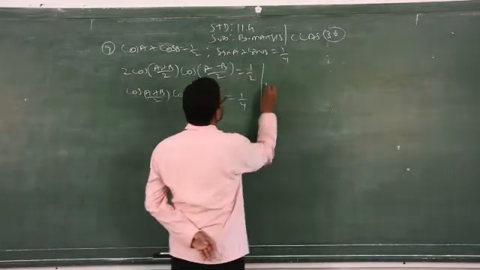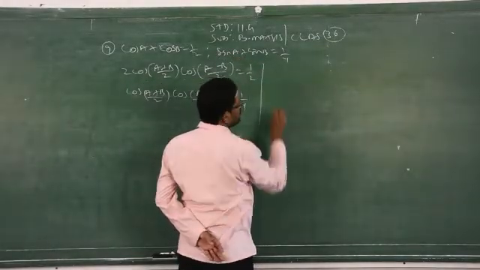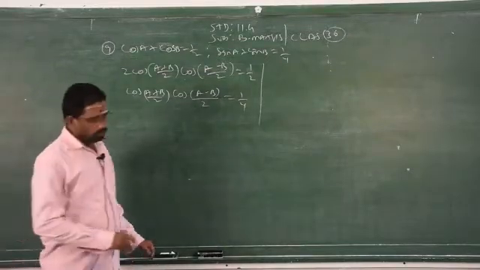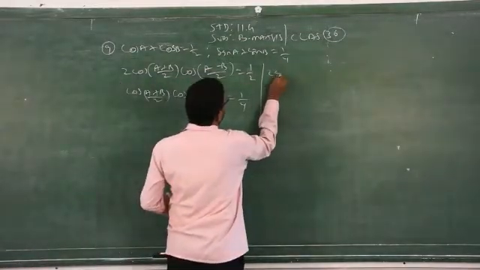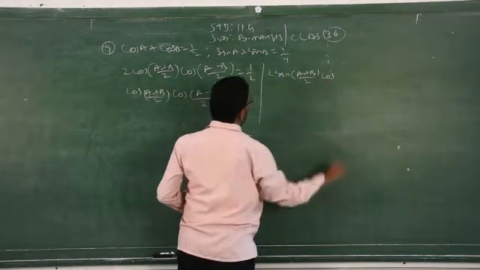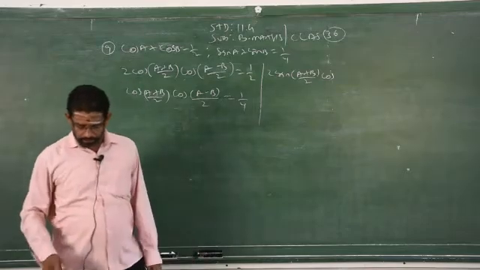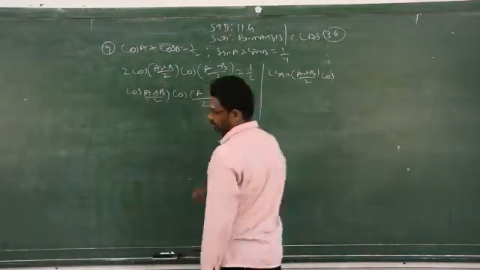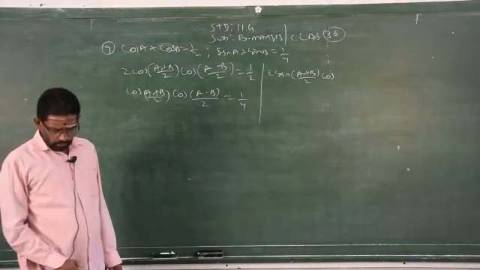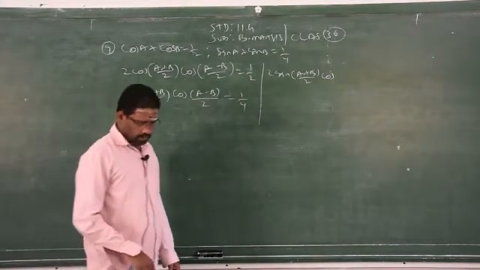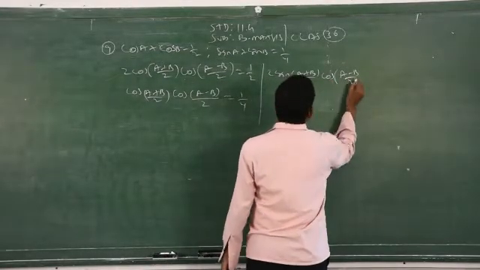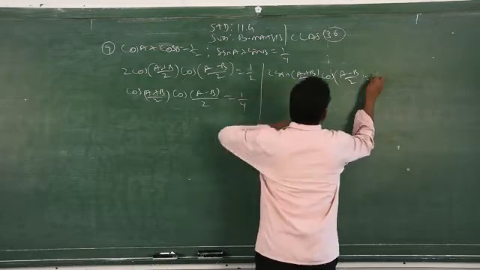In the same way, for the other equation, you have to apply the sin C plus sin D formula. What is the sin C plus sin D formula? 2 sin (A plus B) by 2 cos (A minus B) by 2 is equal to 1 by 4.